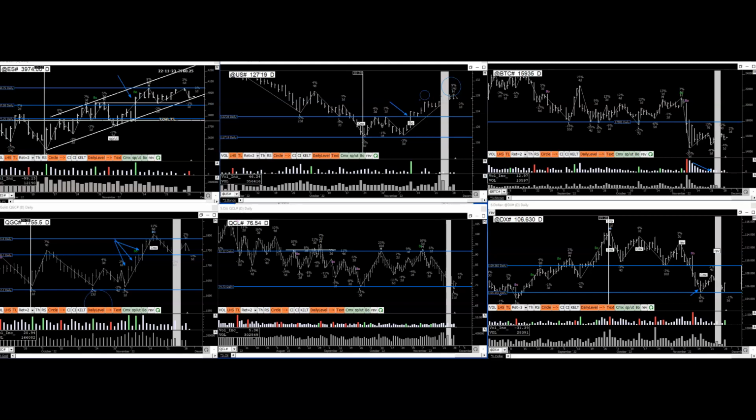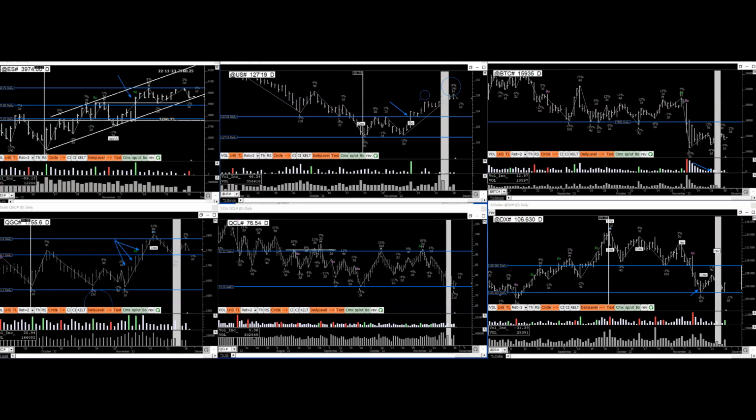Is there anything else? And of course, the other thing is when you're watching rallies and pullbacks within the market itself, if the pullbacks have lower volume and less distance, what does that mean?